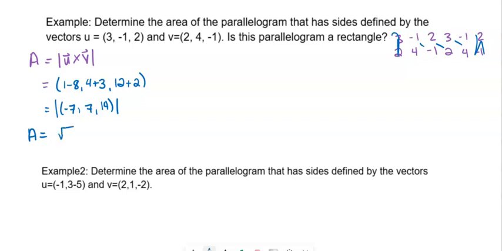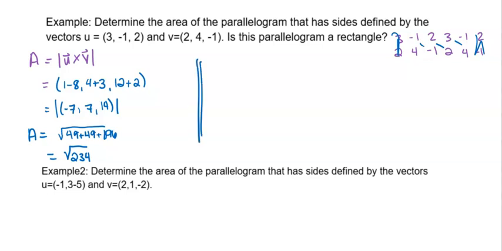So I need to take the square root of 49 plus 49 plus 14 squared, which is 196. And the root of that, add that all up, is 234. So the area of this parallelogram is 234.